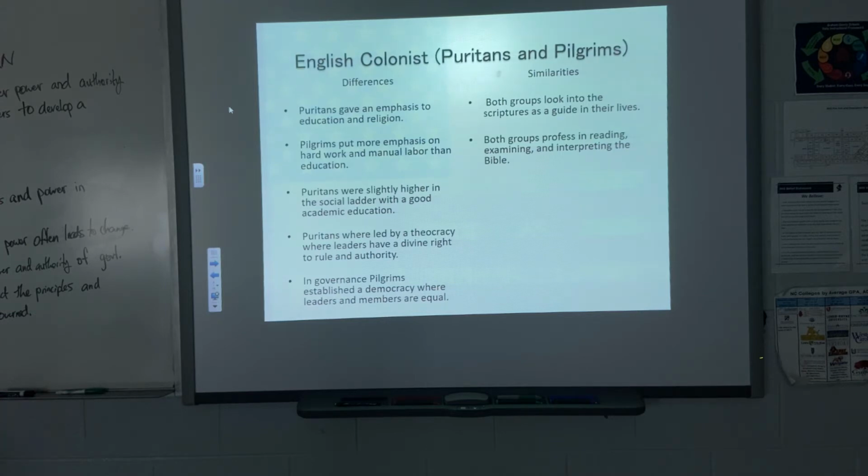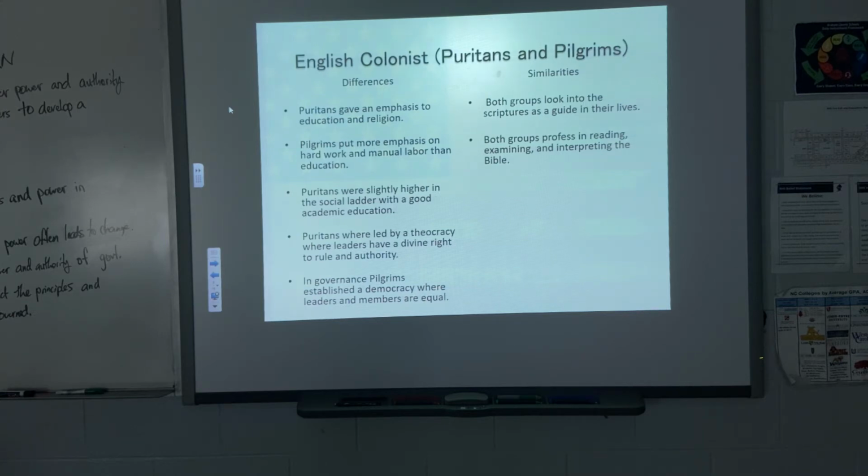Puritans, it would be safe to say, would be slightly higher on the social ladder because they did have an academic education. Puritans were led by a theocracy. Very important that you know the term theocracy. Theocracy is a form of government in which a divine ruler, a deity, is running the government.